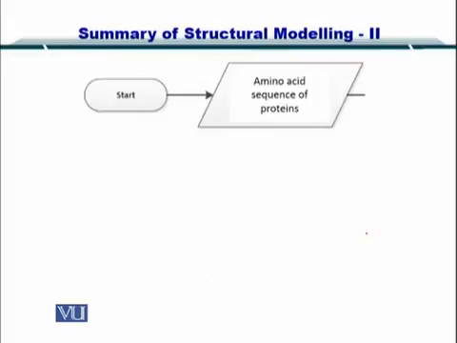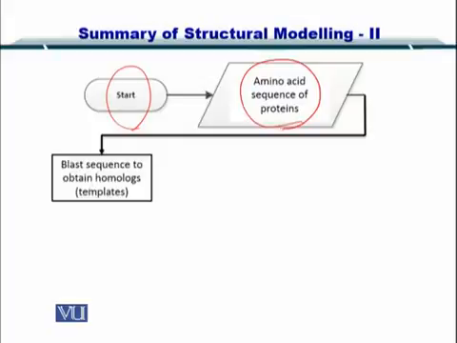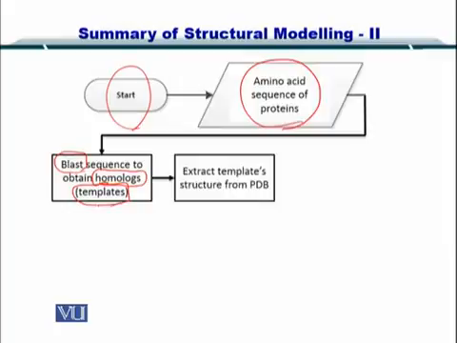Now let's take a look at a step-by-step flowchart. You started by looking at the sequence of these proteins. You found the homologs from the sequence databases by blasting them. These were called the templates. And then you went for finding the structures of each one of these templates from the PDB.